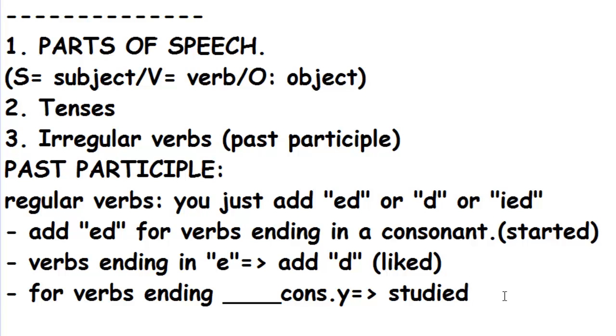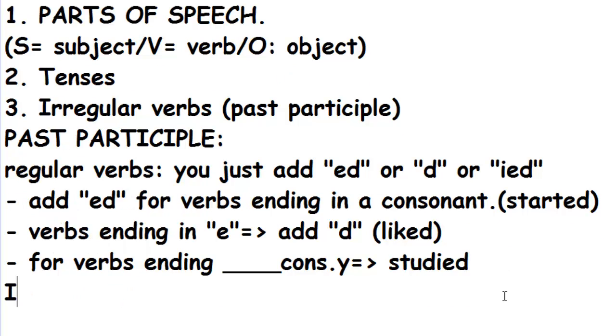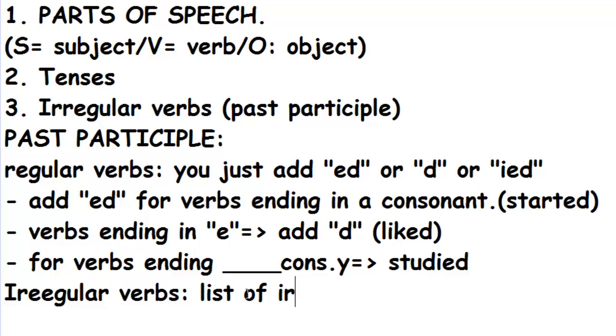Now for irregular verbs, the past participle should be learned. When I say past participle, it means the third column in the list. You've got the verb base, then simple past, and then past participle. So the third part should be learned, and you have to go back to the list of irregular verbs.